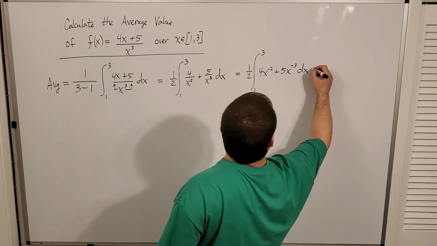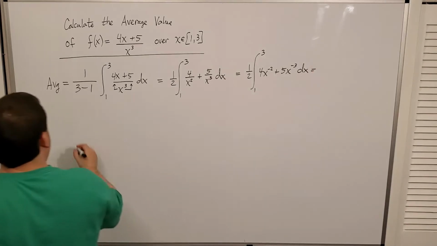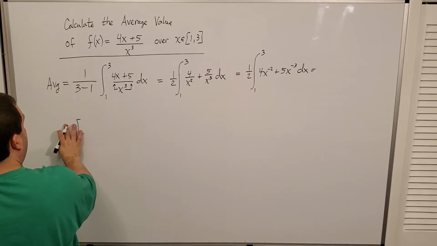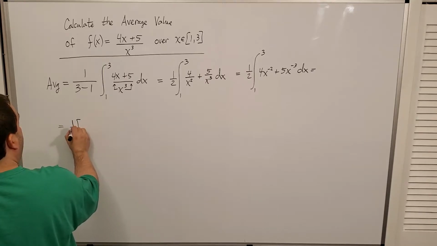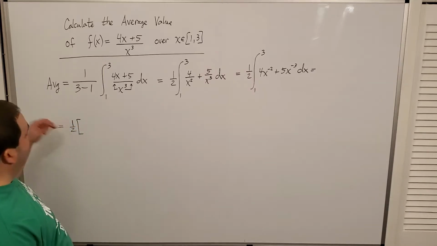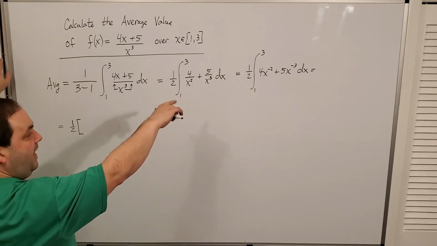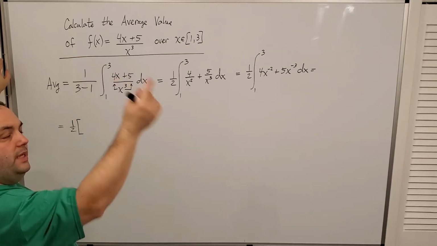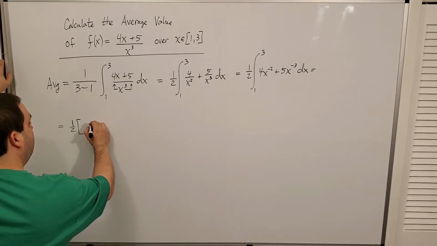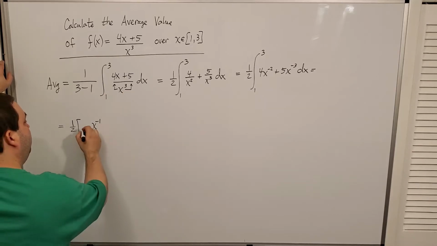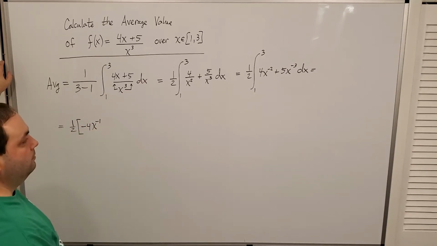Now, this is going to be equal to, I'm going to do my antiderivative. Don't forget to bring your 1/2 with you, right? The 1/2 is still there from doing the average. I've got the antiderivative of x to the negative 2, which will be x to the negative 1. Divide by the new power. That will give me negative 4, right?